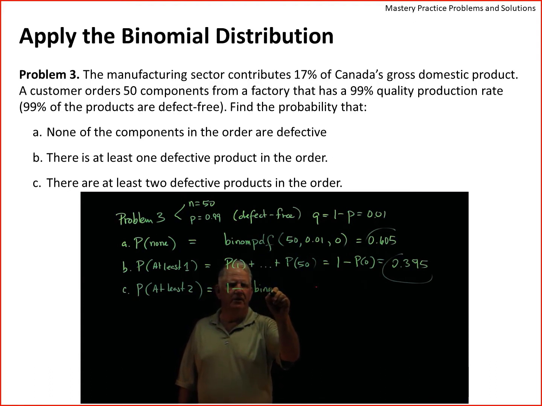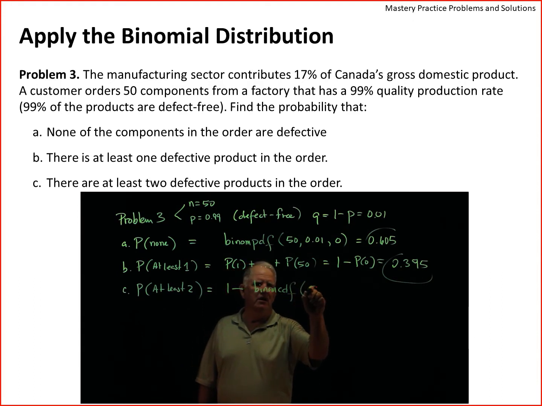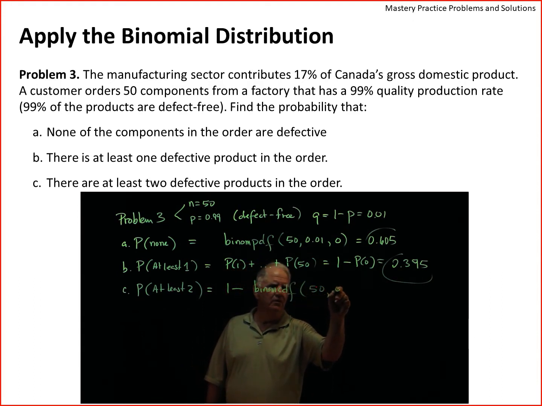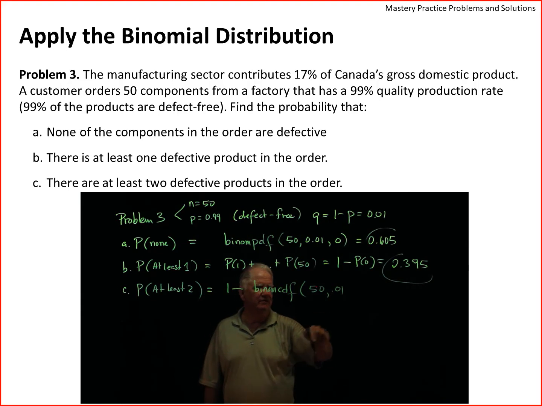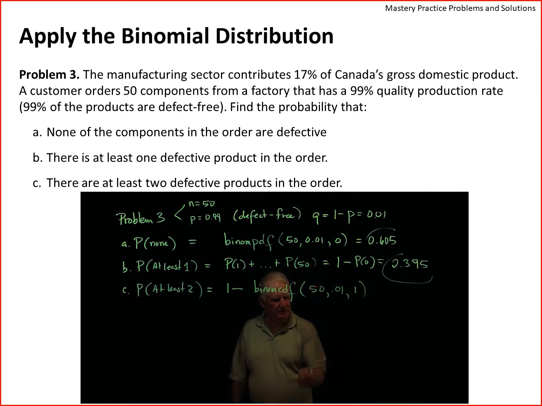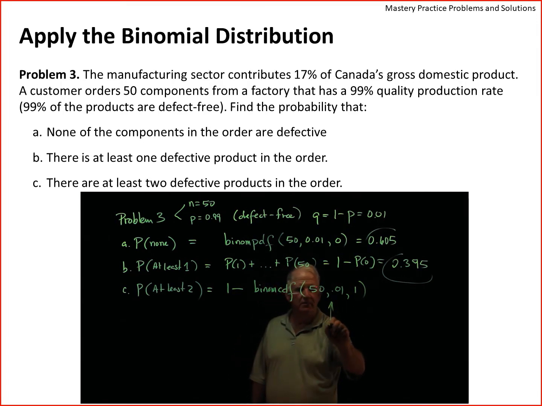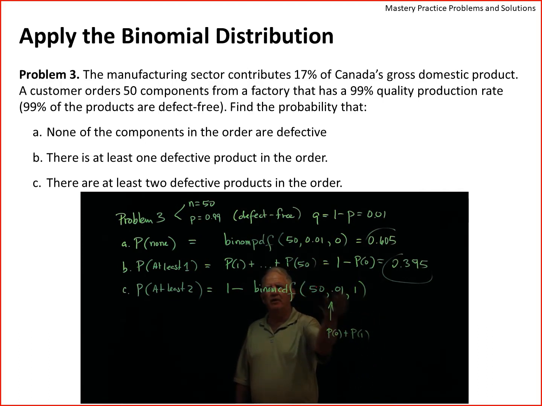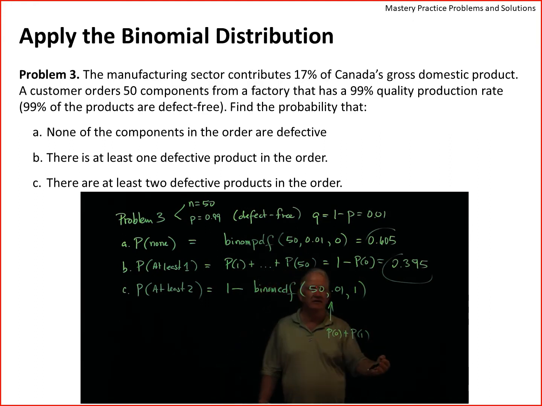And let's calculate binomial CDF out of a lot of 50 with a defect probability of 0.01. What's the cumulative probability up to 1? That is, P0 defects plus P1 defect. If I subtract that total sum probability from 1, that's at least 2.